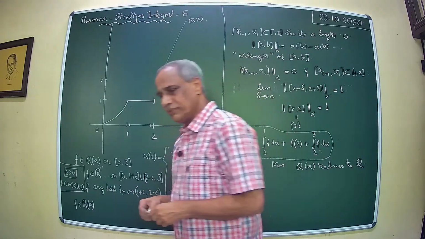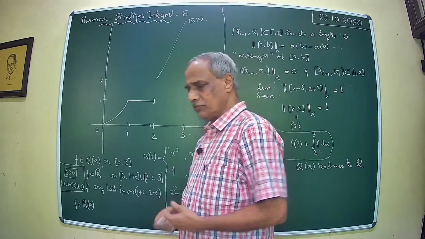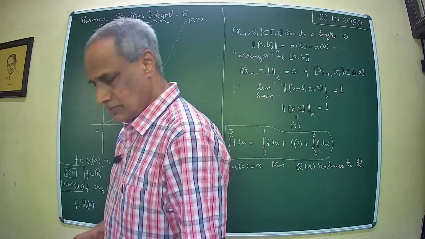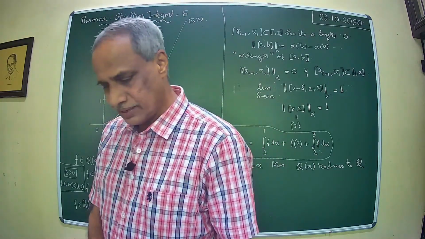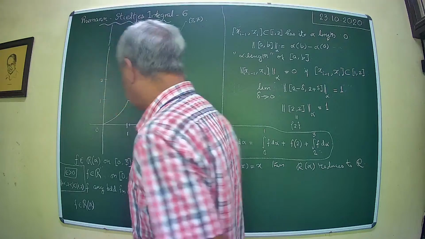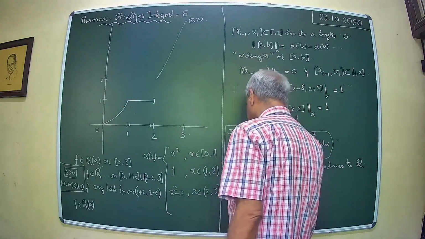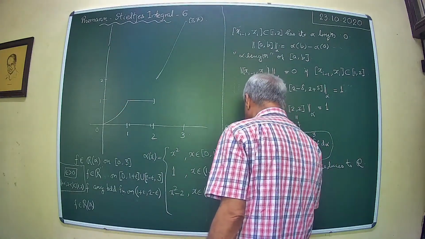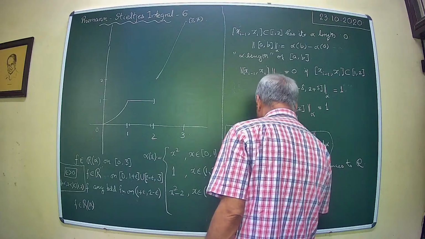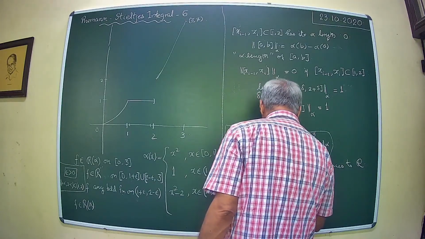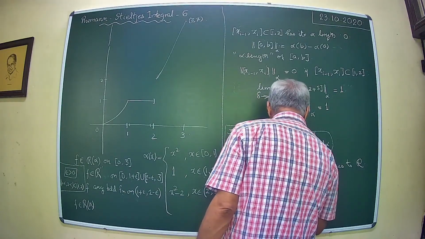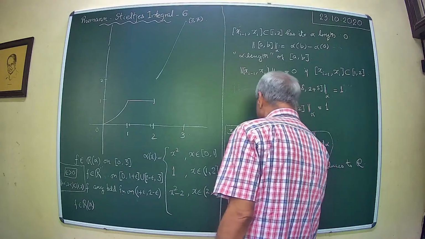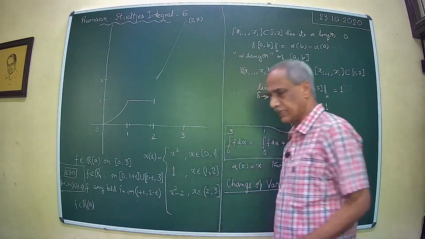So with these remarks, let me now pass on to a usual result that we come across, which talks about the change of variable, which we normally do for computing the integrals.